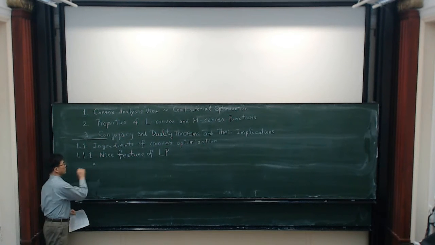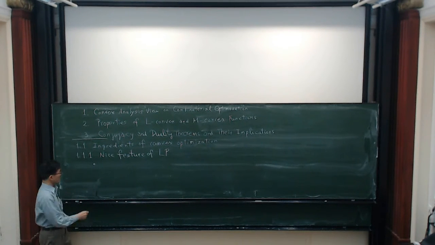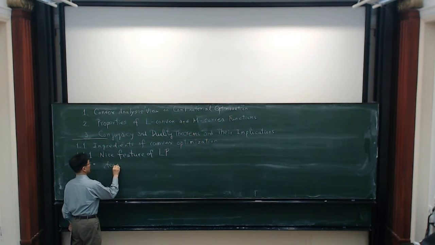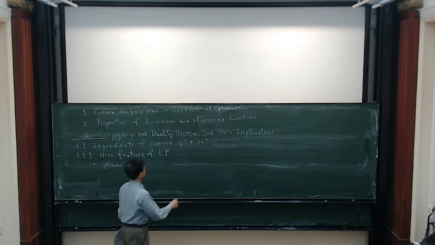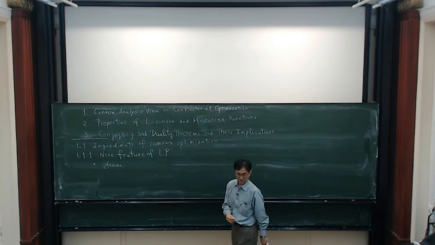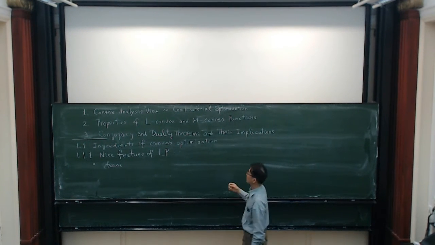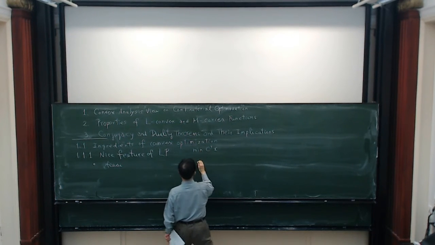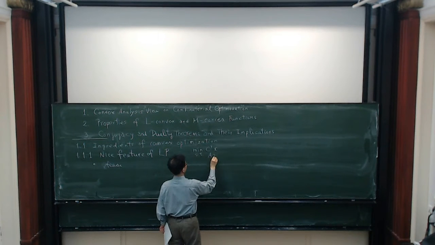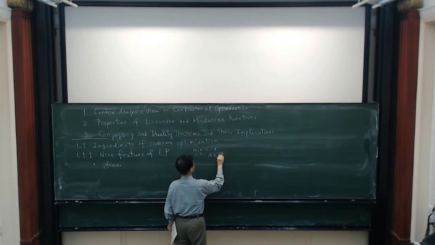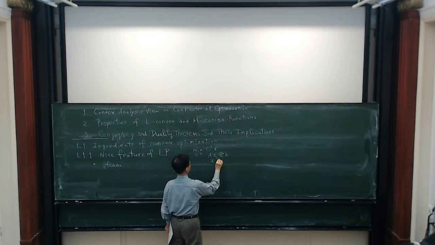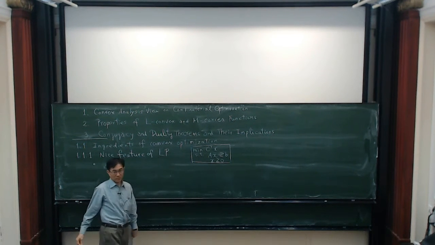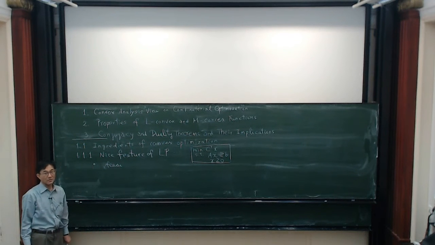Maybe you know that the feasible region is polyhedral. So feasible region, or maybe I should tell you what LP is. For example, something like minimize C X subject to A X is at most B. This type of optimization program is called LP.